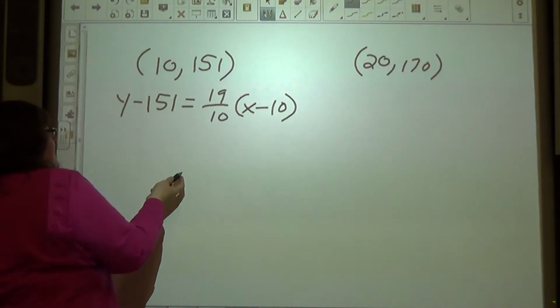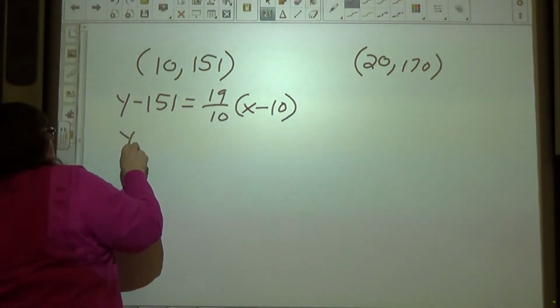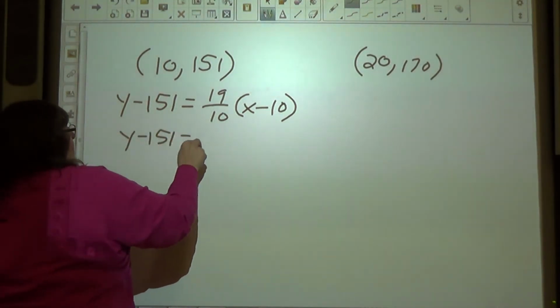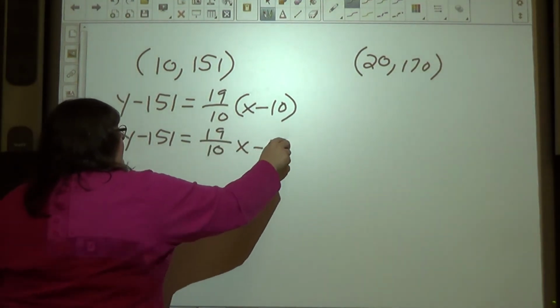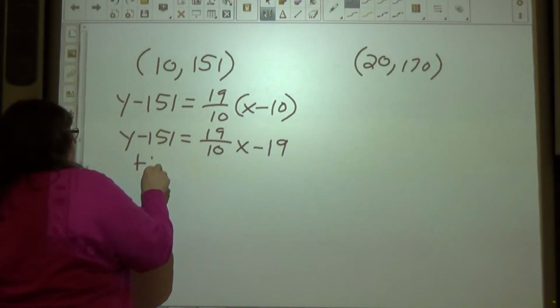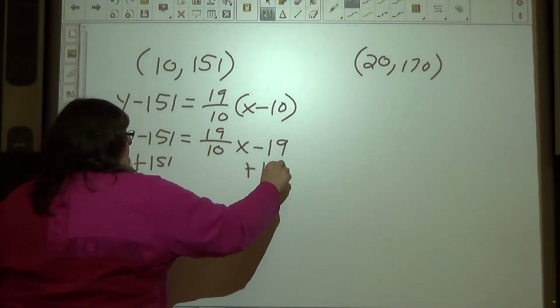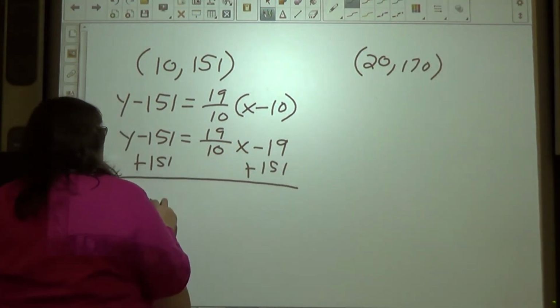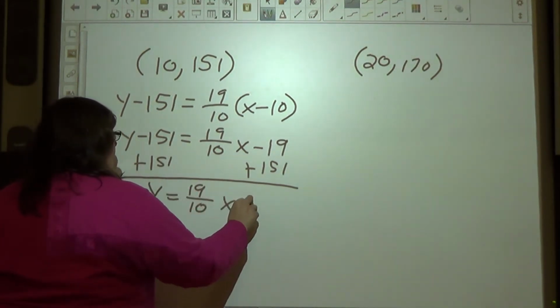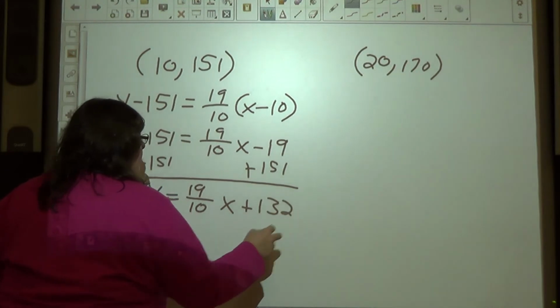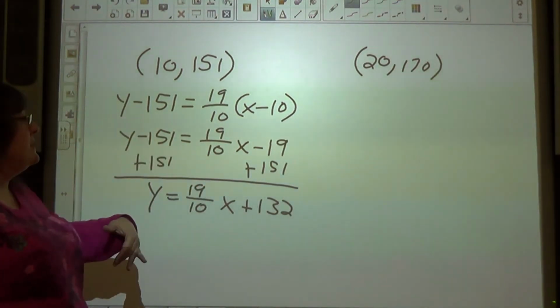Okay? We already solved this one, so I'm just going to do it real quick. Okay? So that's one we did on the previous page.